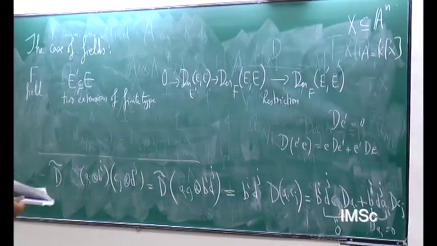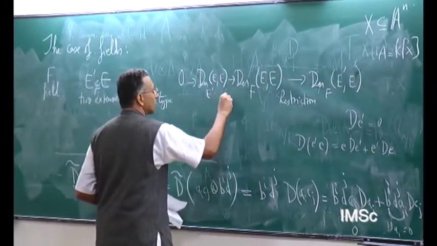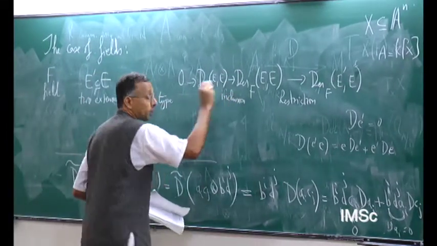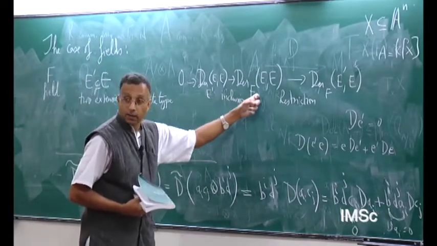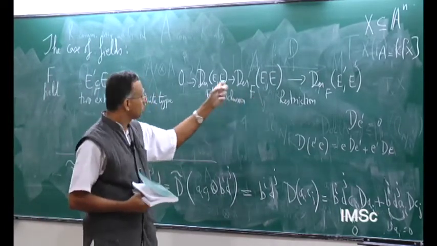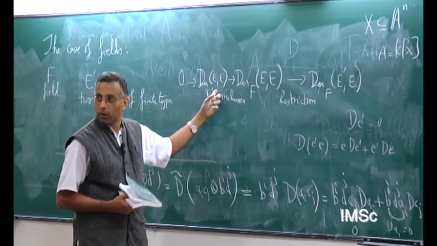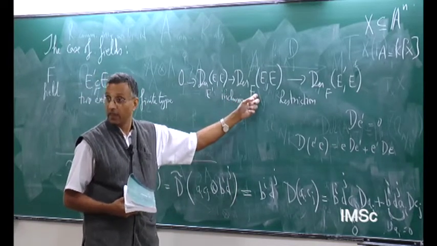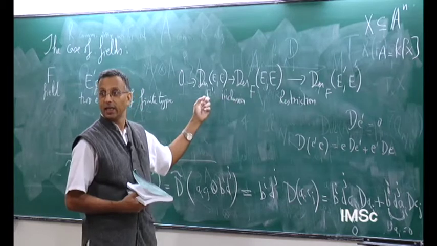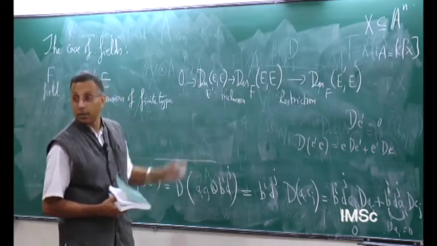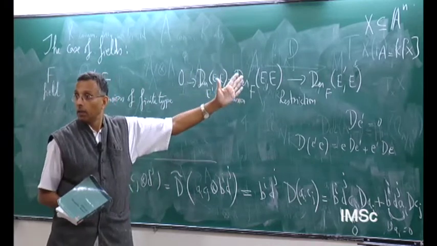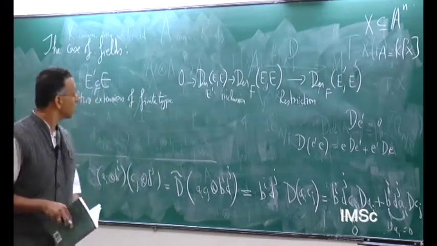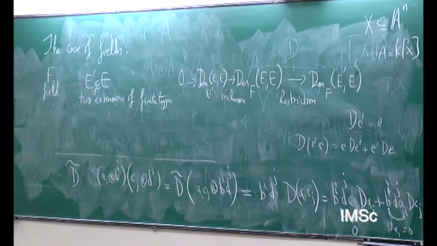This is the natural inclusion. This means the Leibniz rule holds, and this also means the Leibniz rule holds. The only difference is this is F linear, which is a weaker condition than saying E prime linear, which is a stronger condition. So this is naturally a subspace included there.